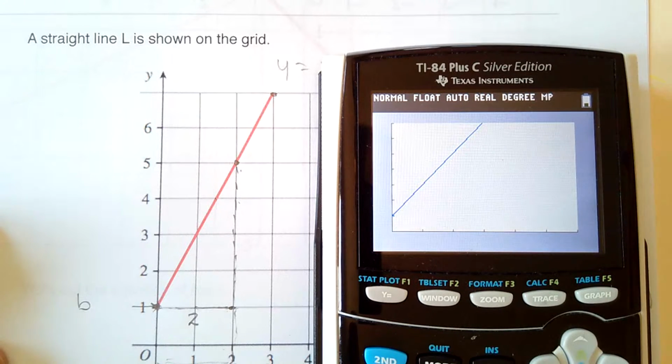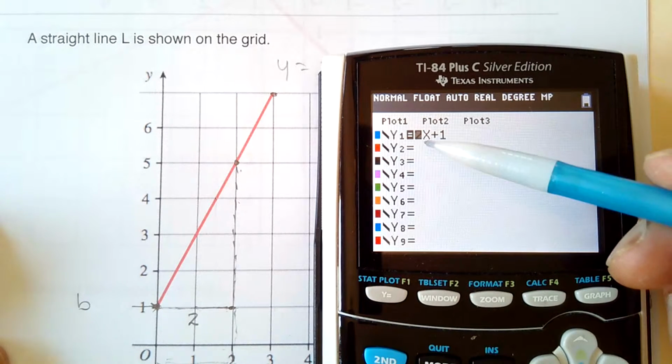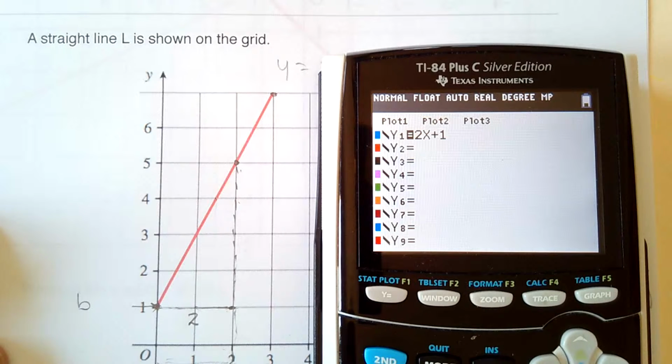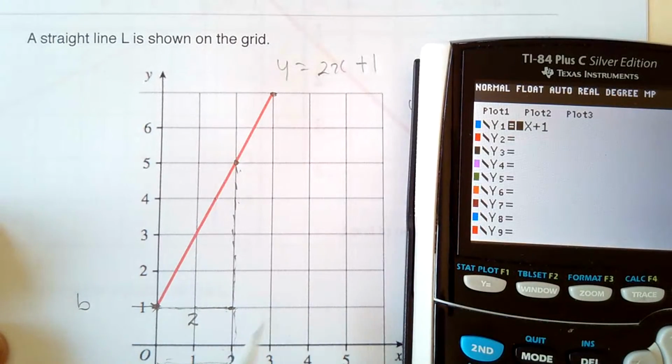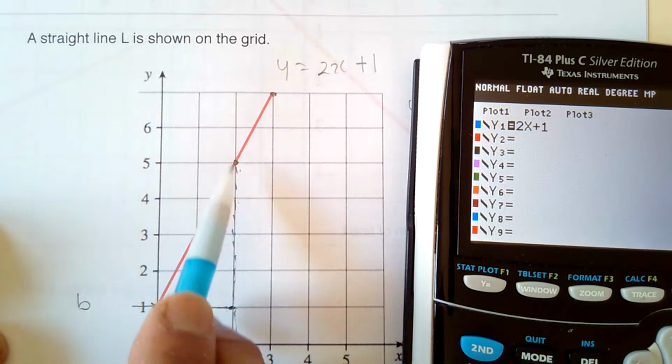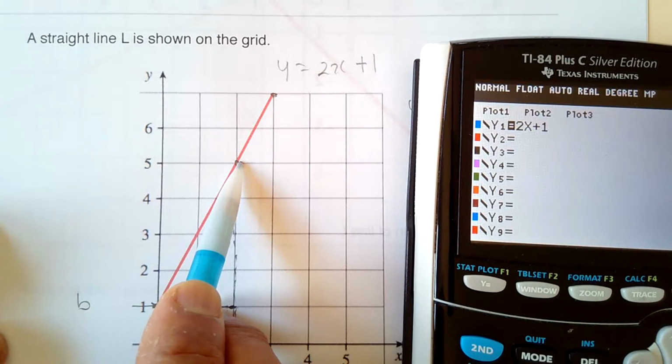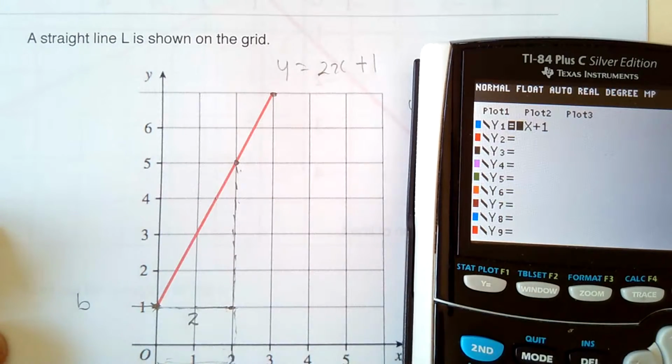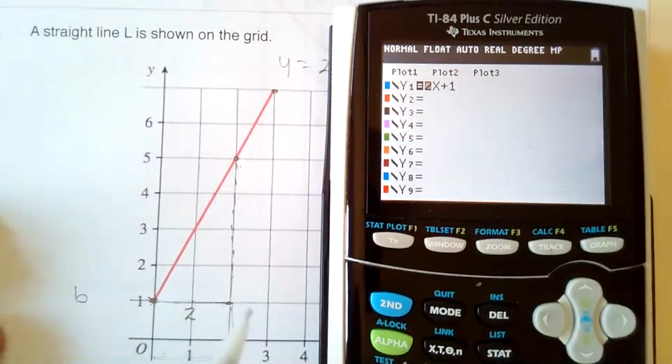Now, there's no grid lines here, so it's very difficult to read it off. But from my equation, slope is 2. To test if this is correct, let's look at this here. When x is 2, y is 5 here. We recall one of the things we can do is find y when you're given the x value.